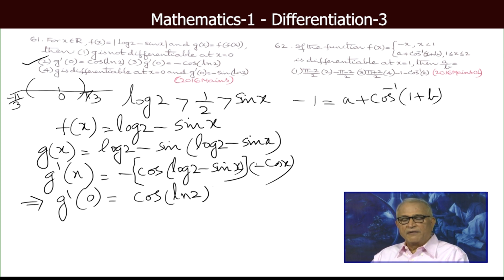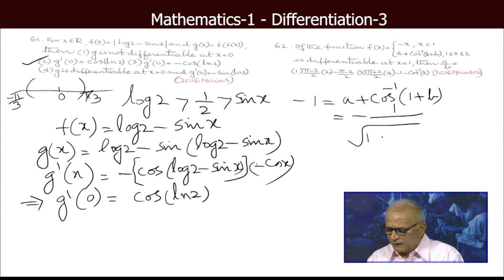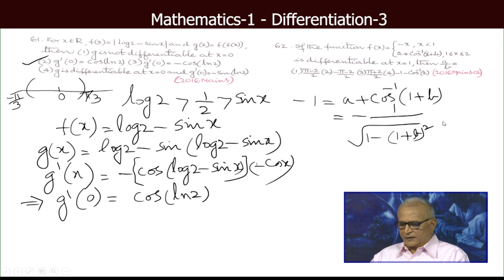The left derivative is also minus 1 at x equal to 1. The right hand derivative is minus 1 by root of 1 minus (1 plus b) whole square. Therefore, when you equate these two, you get root of 1 minus (1 plus b) whole square equal to 1.